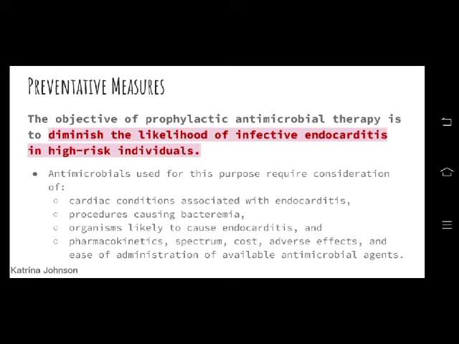There are actually no prospective, controlled human trials or studies that have demonstrated the benefits of prophylactic antimicrobial therapy in high-risk individuals to prevent the development of infective endocarditis.